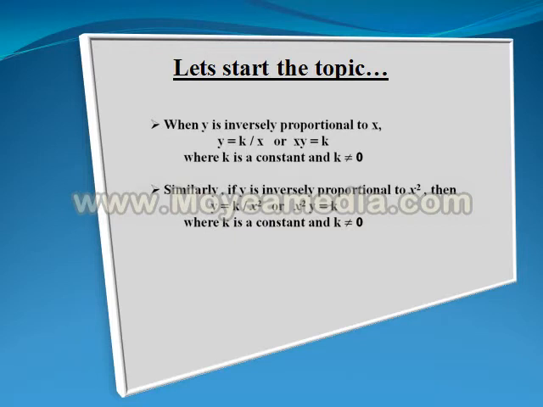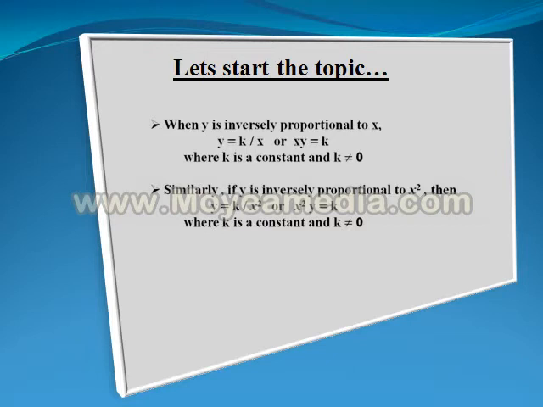And k can't be 0, because if you put k as 0, everything goes to 0. Now in other forms of inverse proportion, let's take an example: if y is inversely proportional to x square, then according to the definition of inverse proportion, y is equal to k over x square. Or take this x square to the left side, so x square y is equal to k.